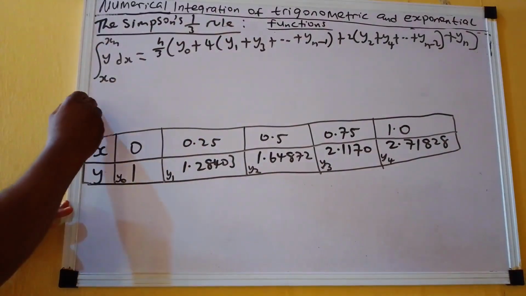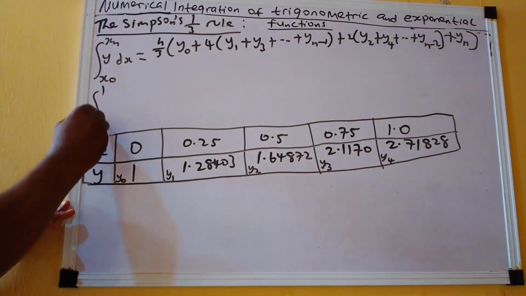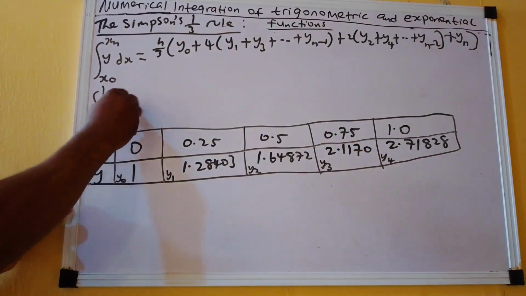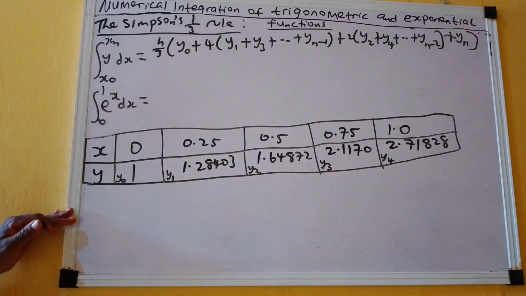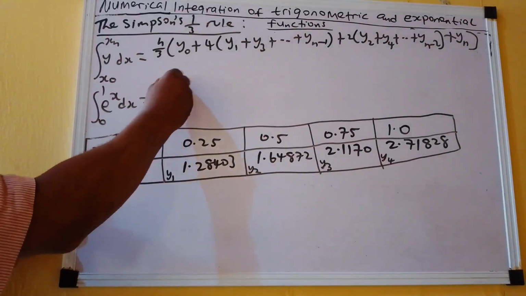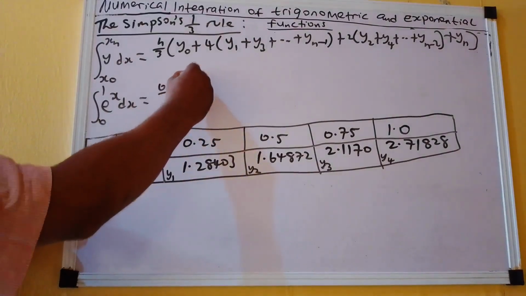So using it to solve our problem, the integral from 0 to 1 of exponential x dx will now be equal to, note, our h is 0.25 over 3, bracket open.